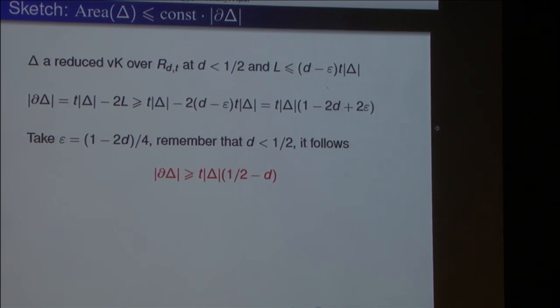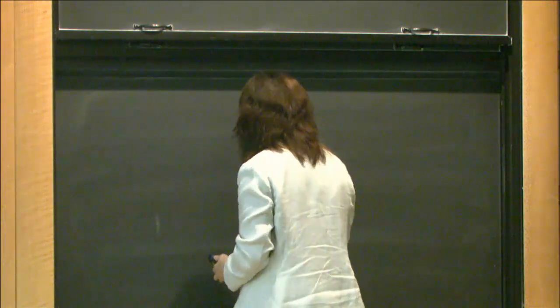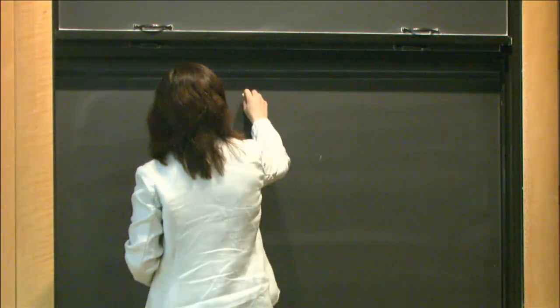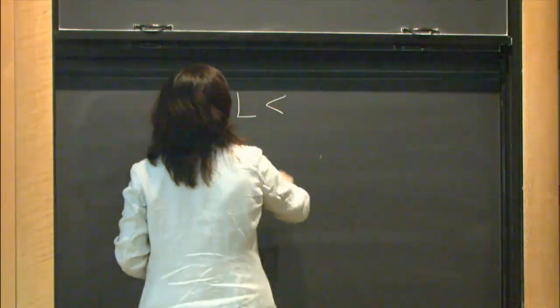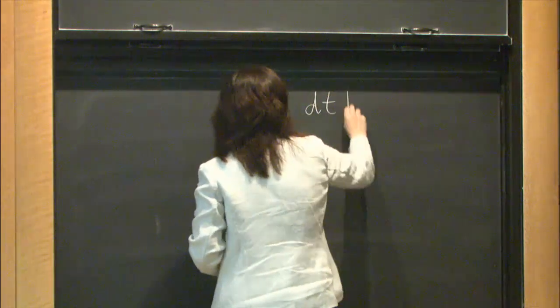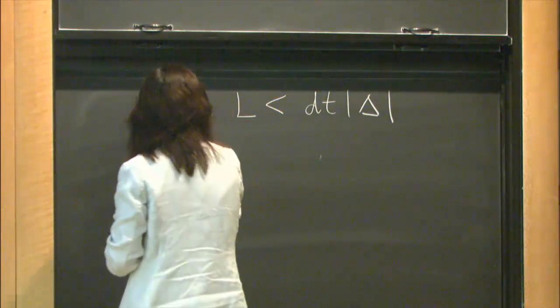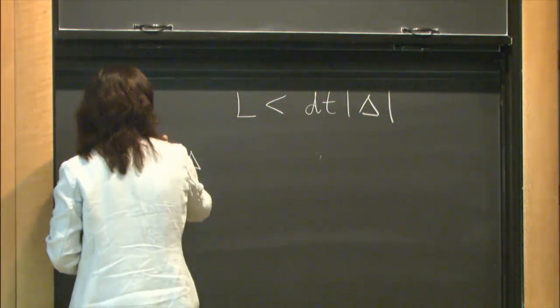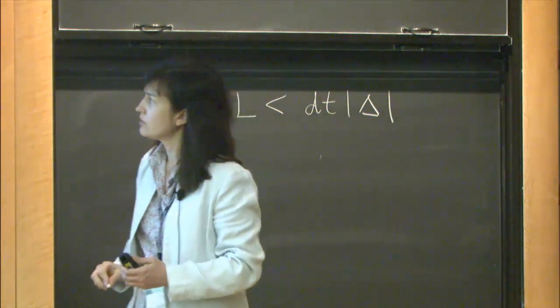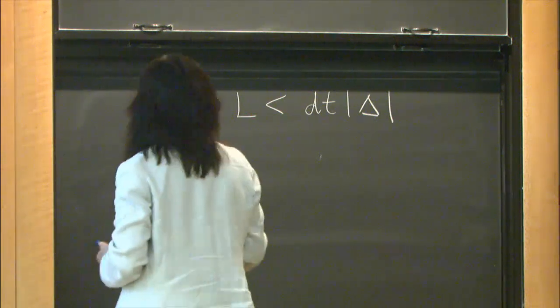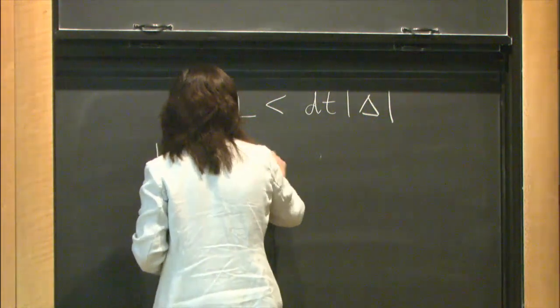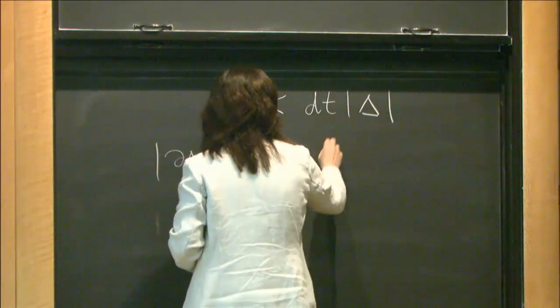Okay, so what we have: for L strictly less than dt delta, actually we have the formula. I will keep it for the discussion.